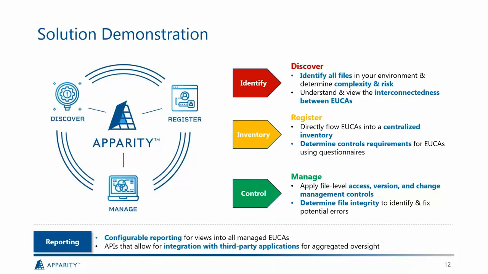We'll also be sending out our sample policy and procedures document to everyone after the end of this, so you can see what an example policy and procedures document that we've built that's been effective before looks like. And so right now what we're going to do is jump into the solution itself and cover off each of these three areas, from the discovery to the registration to the management of your critical spreadsheets.